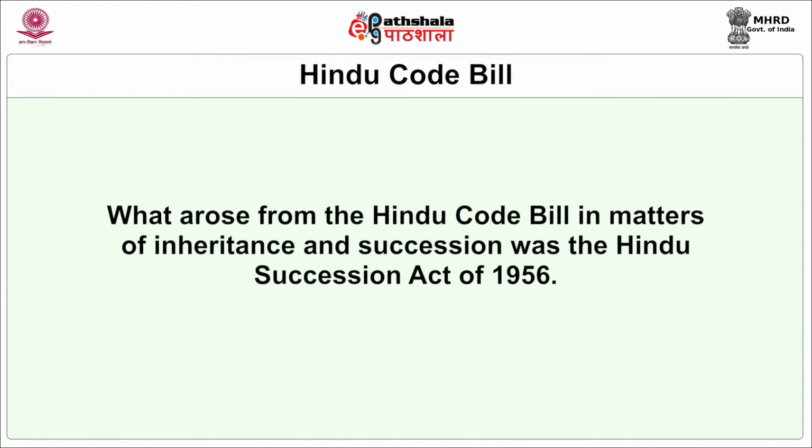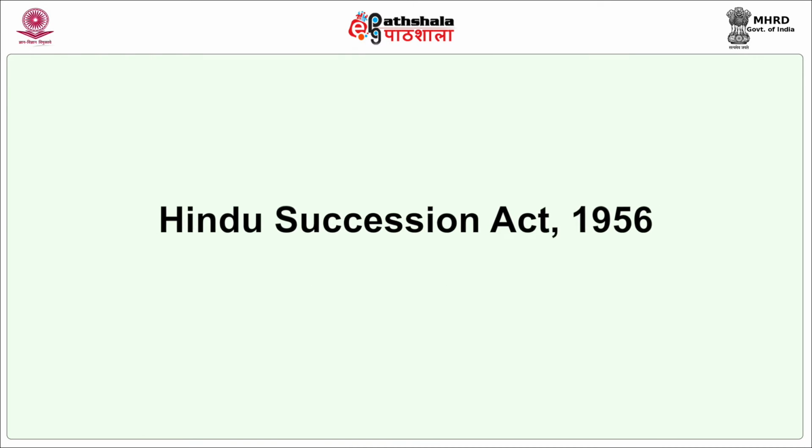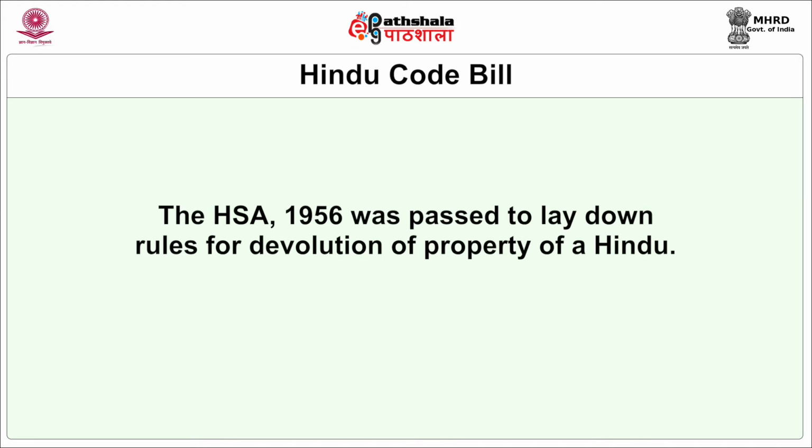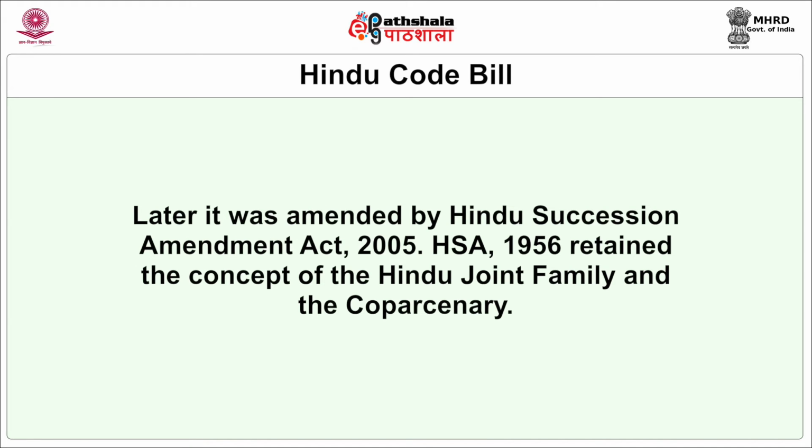What arose from the Hindu Code Bill in matters of inheritance and succession was the Hindu Succession Act of 1956. The HSA 1956 was passed to lay down rules for devolution of property of a Hindu. Later, it was amended by the Hindu Succession Amendment Act 2005. HSA 1956 retained the concept of the Hindu joint family and the coparcenary.